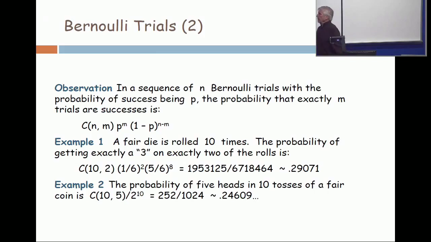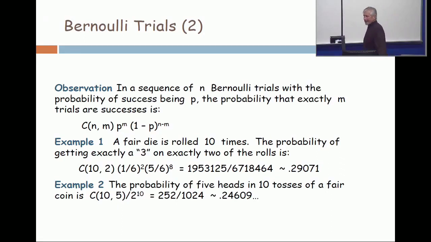If you flip a fair coin 10 times, the probability that you get exactly 5 heads is C(10, 5) over 2 to the 10th. Now notice that in that formula at the top of the slide, if p equals 1 minus p is a half, then it's 1/2 to the n times 1/2 to the m times 1/2 to the n minus m, and that's just 1/2 to the n. So the formula is even simpler when p is 1/2.